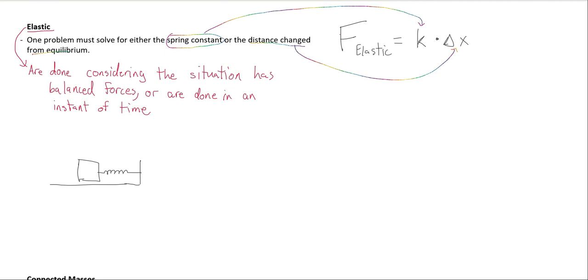So maybe I might know exactly how much friction this block is under, and I want to know how far I can stretch my spring from equilibrium. That would solve for my second part, right? I want to know, how far can I stretch my spring without its force getting bigger than friction? That's something that we could just kind of make up. So let's make this our question.